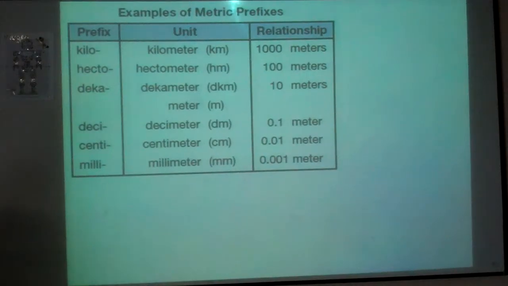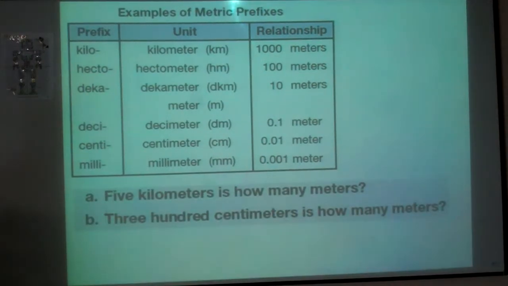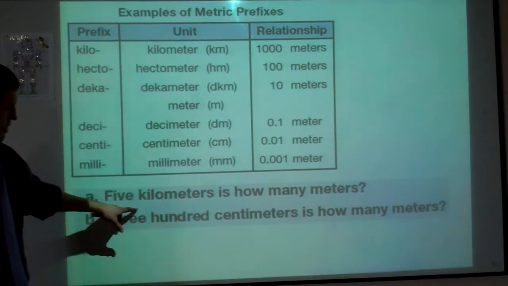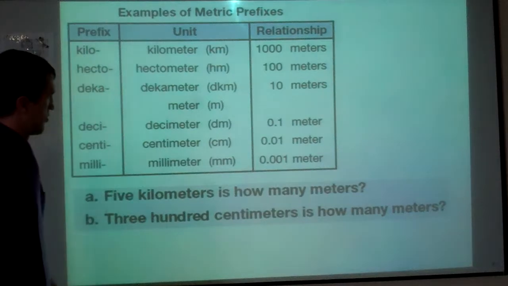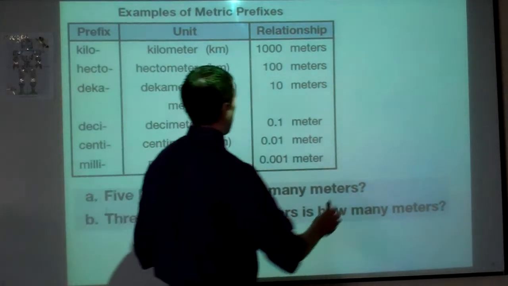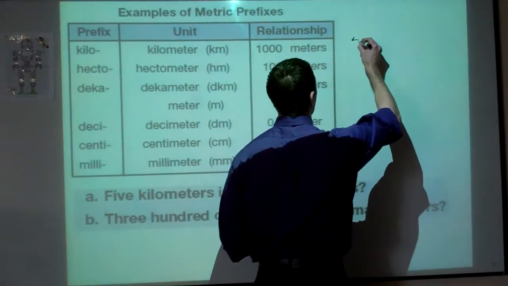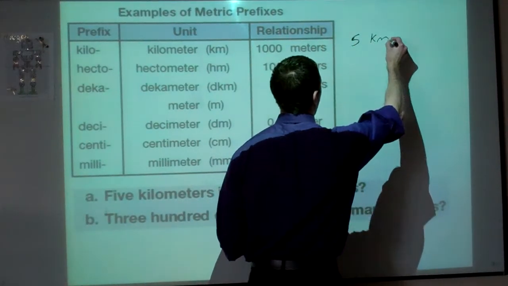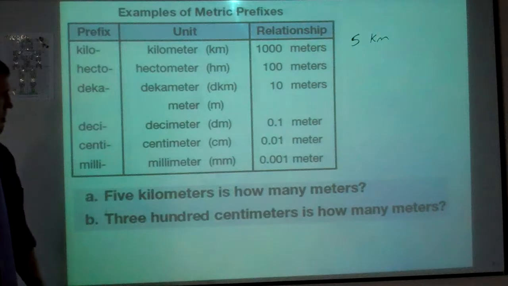So this is a nice chart to use, and it helps us convert. So I'll show us how we can do that. It says 5 kilometers is how many meters? Well, let's find kilometers here. And we're saying we've got 5 kilometers. And they want to know how many meters that is.